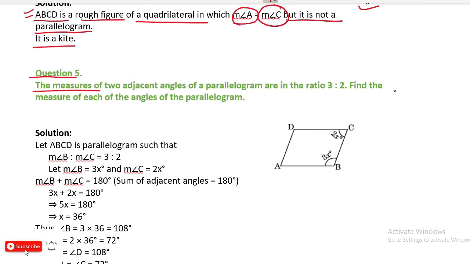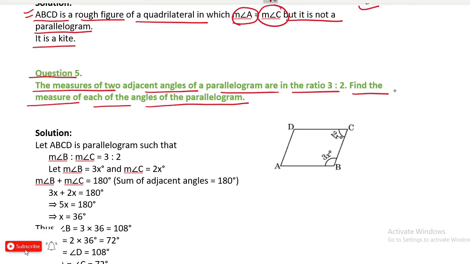Here the next question, question number 5. The measures of two adjacent angles of a parallelogram are in the ratio of 3:2. Find the measure of each of the angles of the parallelogram. Here, at first we draw this figure ABCD.